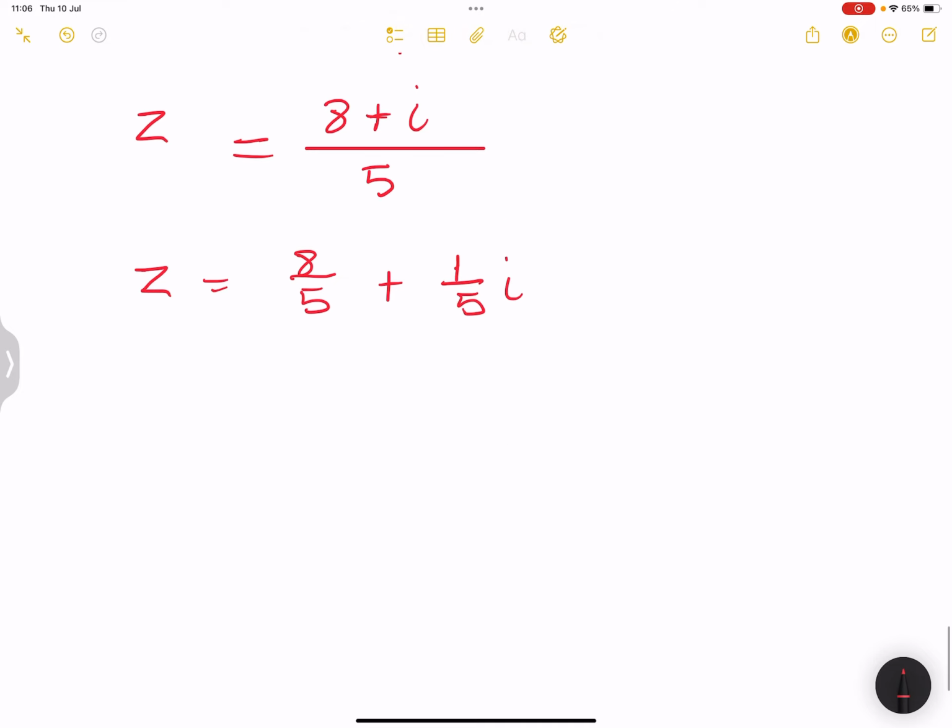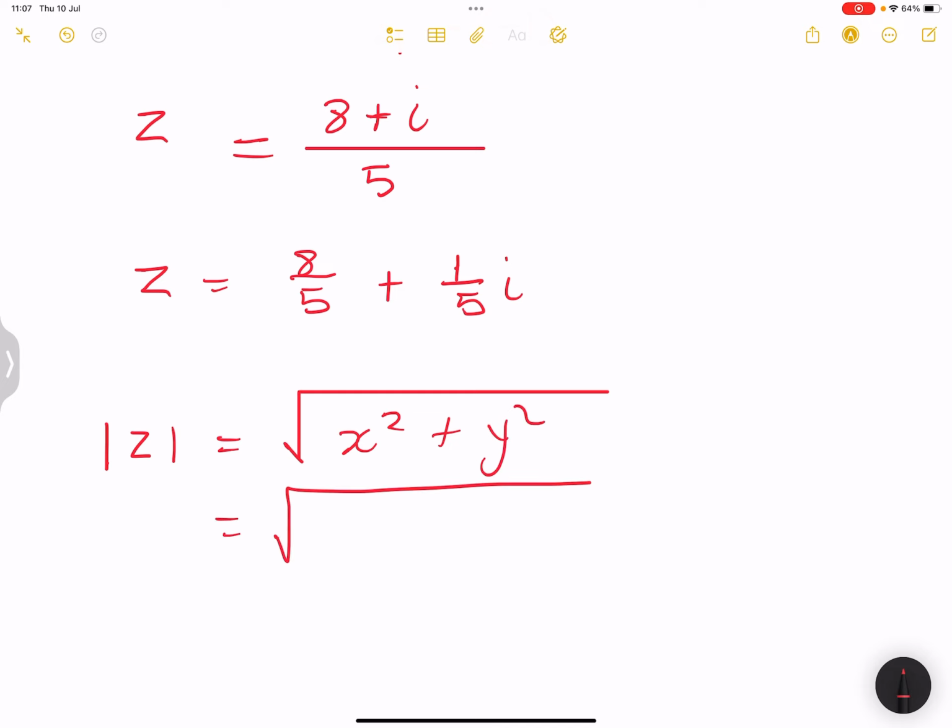All right, so now let's express that for our modulus. How are we going to work that out? So the modulus of z will be the square root of x squared plus y squared. Okay, and x is the real part of our complex number, so that's 8 over 5 squared plus 1 over 5 squared.